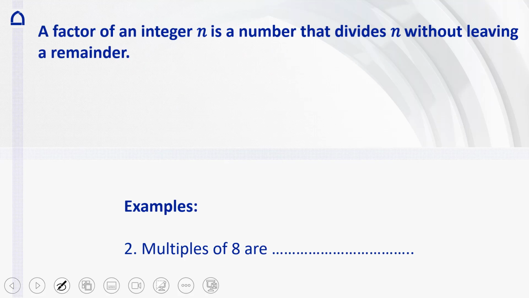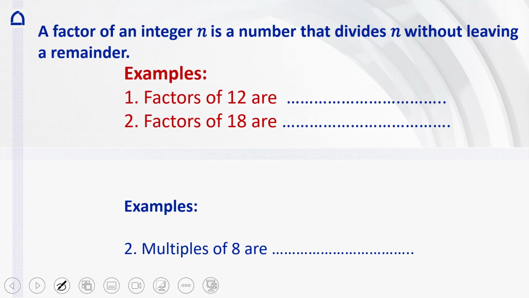Okay, we'll talk about the factor first. A factor of an integer is a number that divides n without leaving a remainder. If you have 12, 12 can be divided by 1 for sure, 2 because it's an even number, and 3 because if I add 1 plus 2 it is 3, so it can be divided by 3.